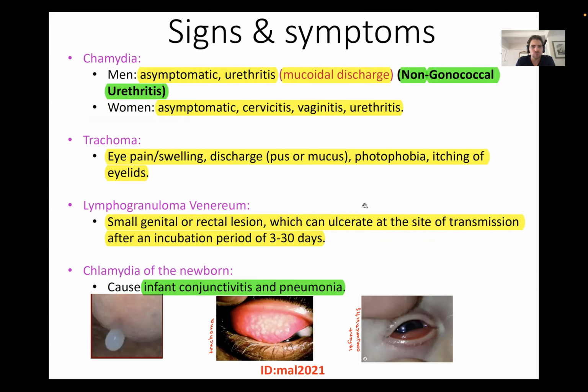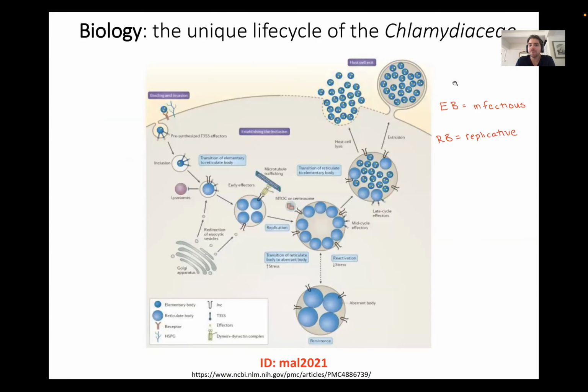And one of the big things with chlamydia that they talk about is the different life cycle, the different stages of the life cycle. They have this EB, I forget what the E stands for. Elementary body is the infectious stage, and I think it's the replicative reticulate body, and that's the stage that replicates. So this is very specific for chlamydia.